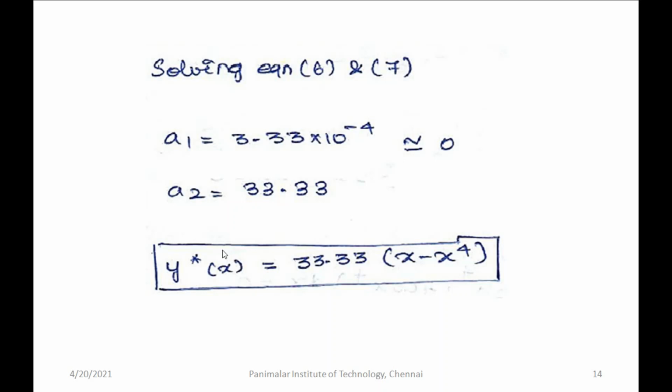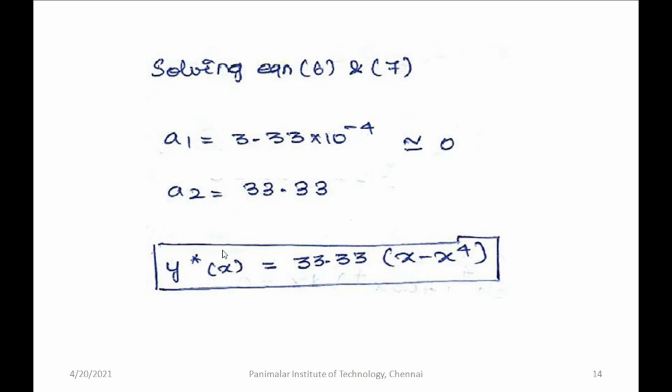So now when you write the solution, y star of x will be 33.33 x minus x to the power 4. This is the final solution for y star of x. Now in the subdomain method, we divide the given domain into a number of subdomains. The number of subdomains will be equal to the number of unknowns, right?